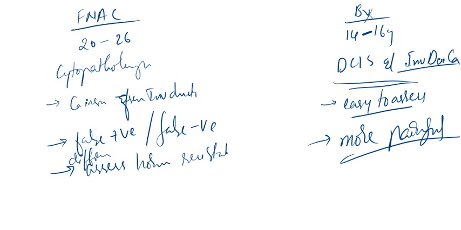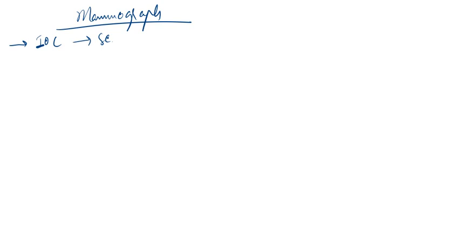Now just coming to the next one, that is mammography. We'll discuss something about mammography. Now what is the main use of mammography? It is the investigation of choice for screening of breast cancer. Remember, it is recommended to all the females, irrespective of condition, irrespective of the scenario.